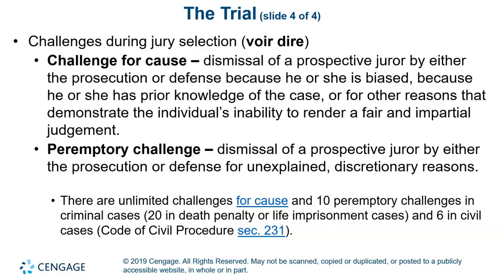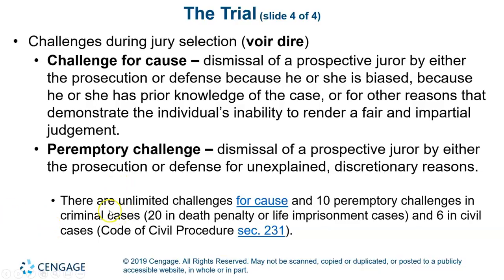And then they have what we call peremptory challenges. And this is where the attorneys can dismiss a prospective juror for whatever reason they want to, for any other discretionary reason except for race. And there are limits depending upon what state you're in.